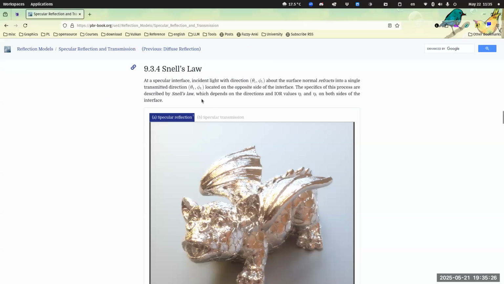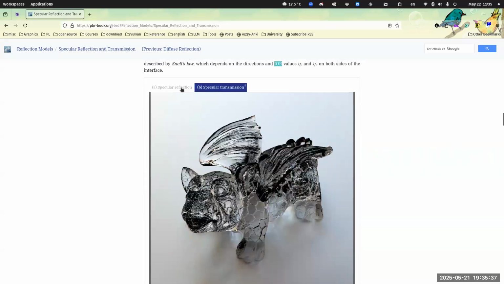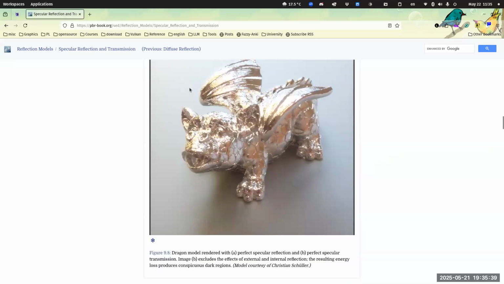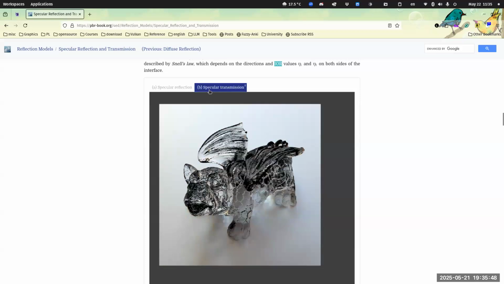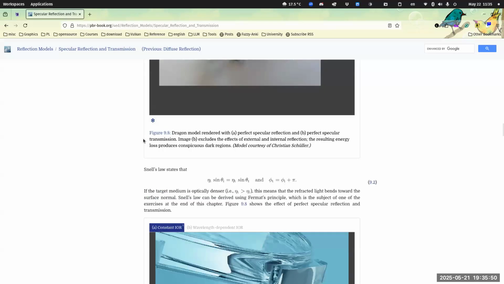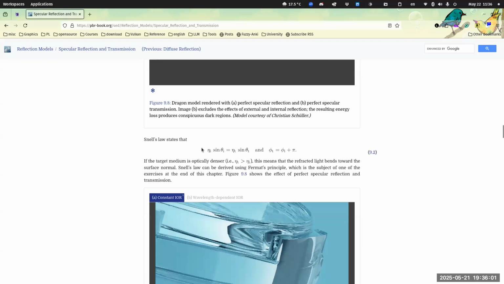This process is described by Snell's law and depends on the direction and the IOR value on both sides. There are two images, specular reflection and also refraction. Snell's law states this.